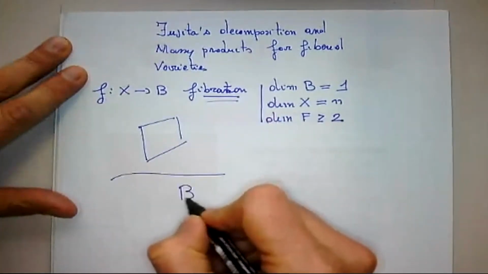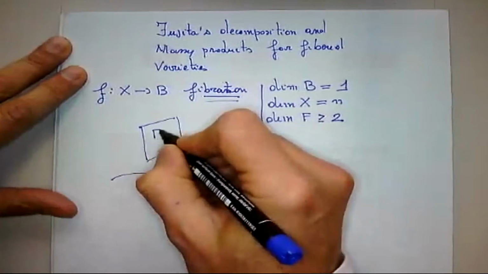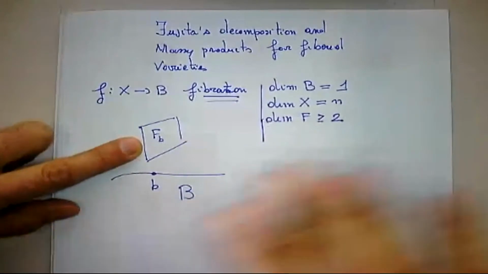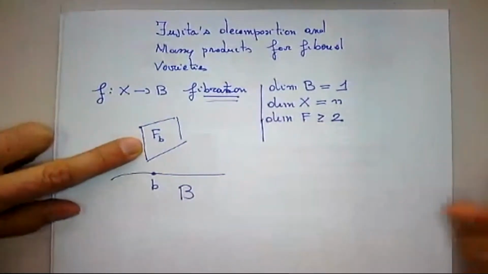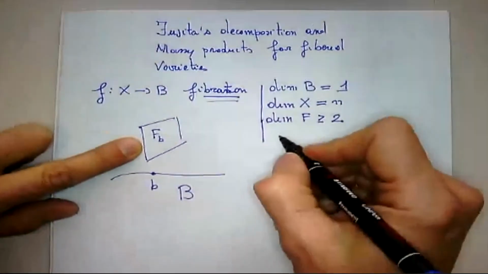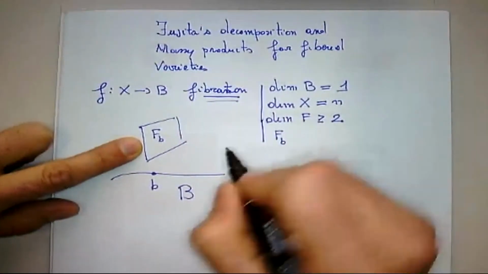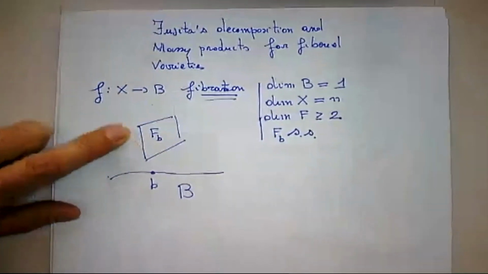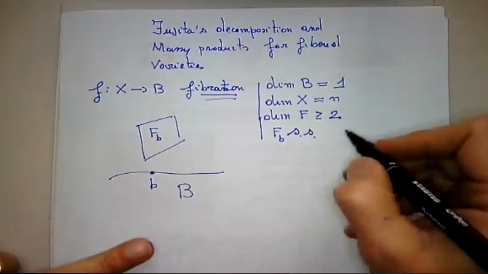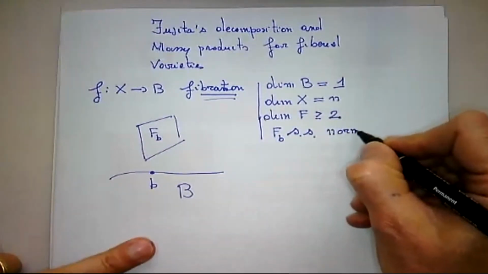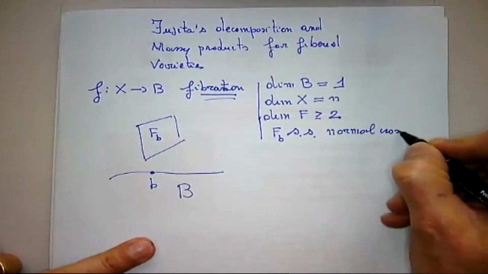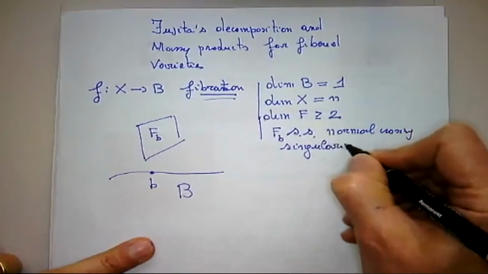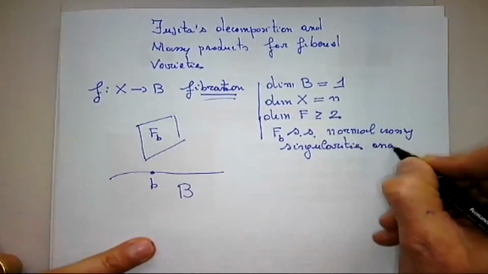You have your curve B, and here is the fiber, F_b. And you assume for the rest of this talk, as a way to simplify the talk, that F_b, the general fiber, is semi-stable, SS, which means normal crossing singularities and reduced.